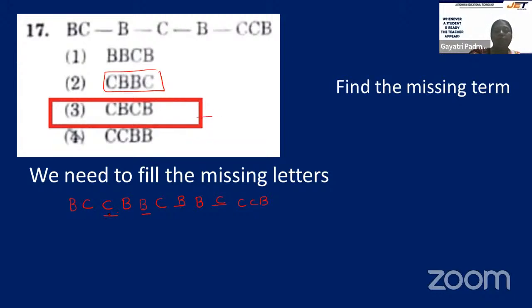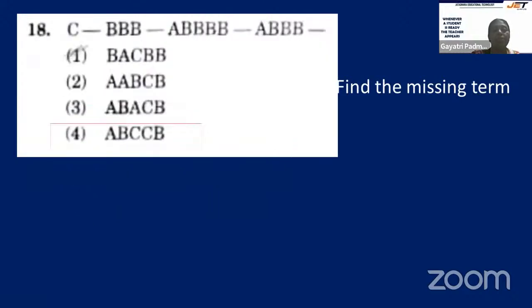So here, if you check again, after C you're getting C. After B, you're getting B. After C, you're getting B. Again, after B, you're getting C. All right. So you can make the changes. Now let's move on to the next question.